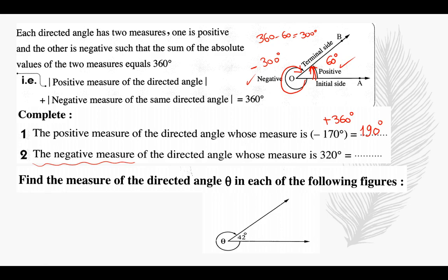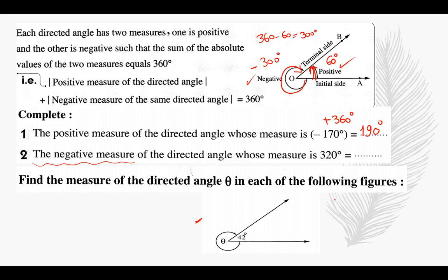Here, the measure of the angle 42 is given, and we want to find the measure of the angle theta. First, the direction of the arrow is clockwise. So the measure of this angle is negative. So we will write negative.